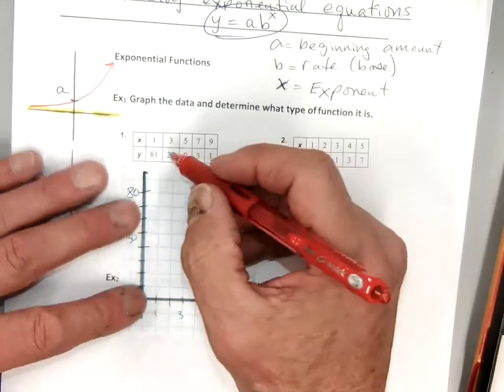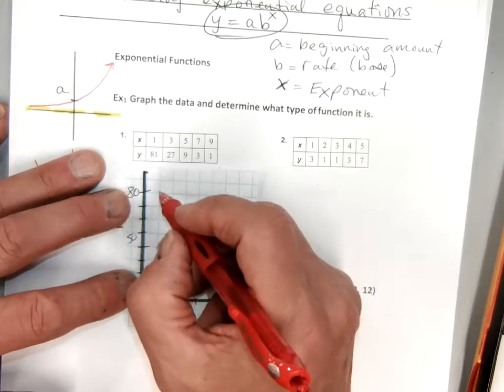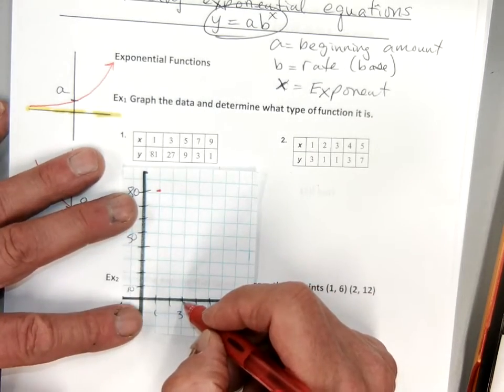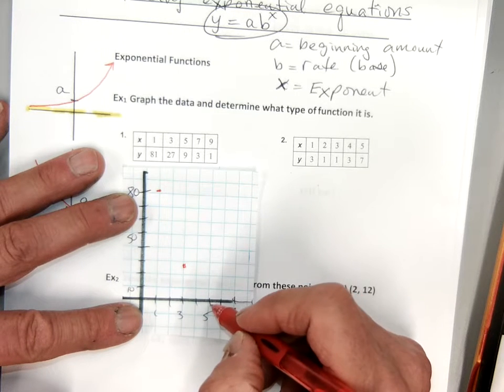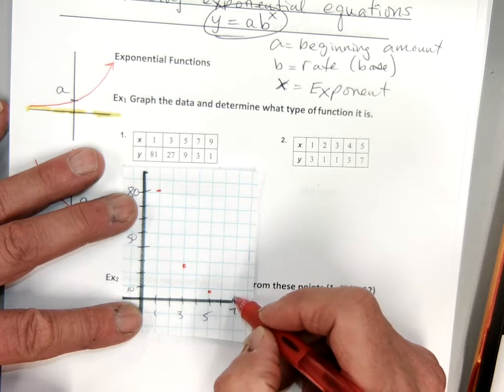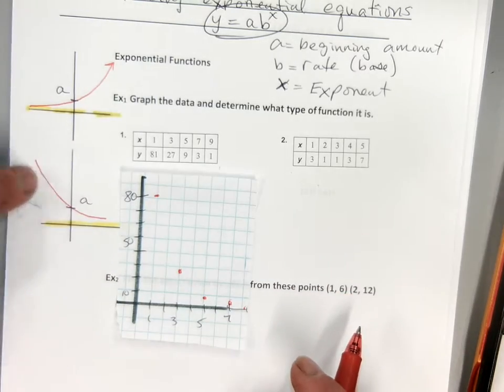And I'm just going to do my scatter plot. Graph 1, 81. It's about there. 3, 27, 5, 9, 7, 3, and 9, 1. Well, it sure looks like that one.